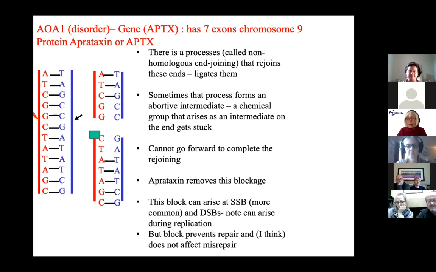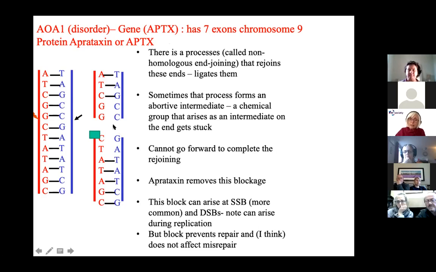I think that block generally will prevent repair, so you'll get a loss of repair rather than misrepair. All the evidence is that AOA1 is not a strong cancer predisposition syndrome. I talked with Keith Caldecott, who identified this in the first place, and he said there was no strong evidence for cancer in AOA1, although I haven't done a thorough search on that.